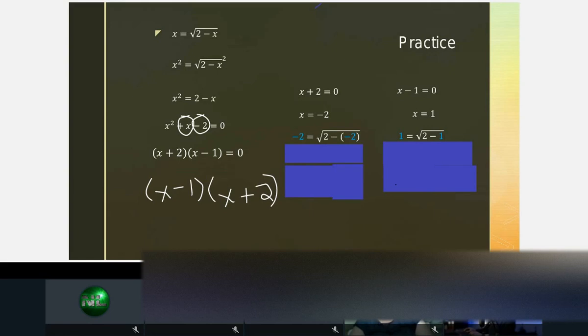So everyone quickly simplify both equations. Quickly simplify both sides.